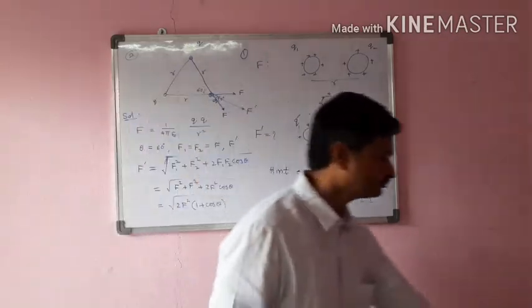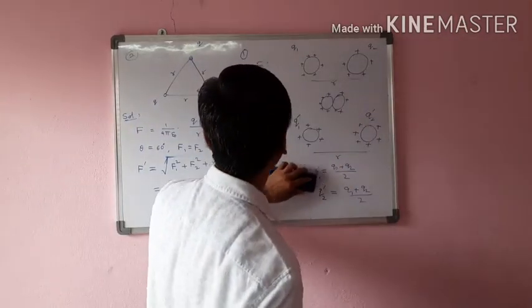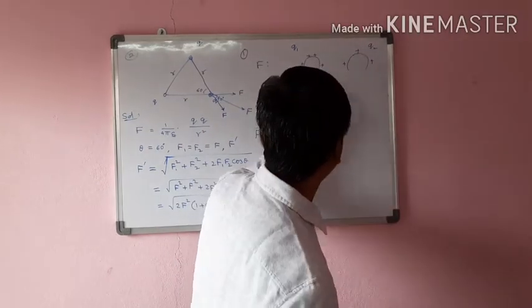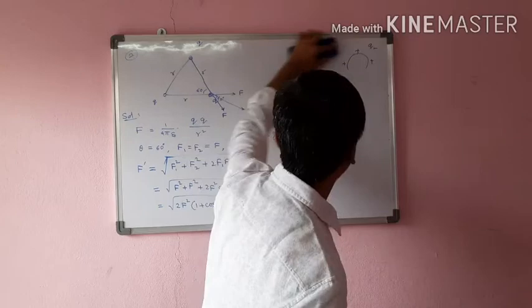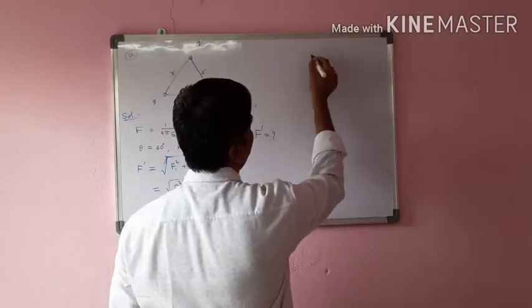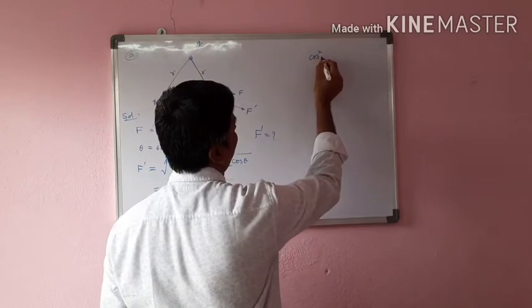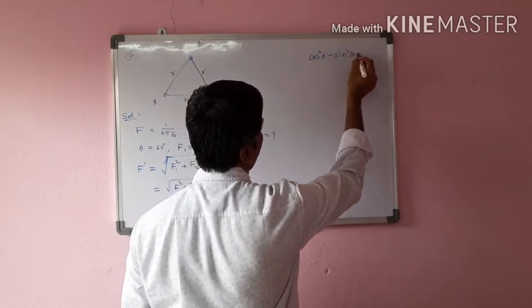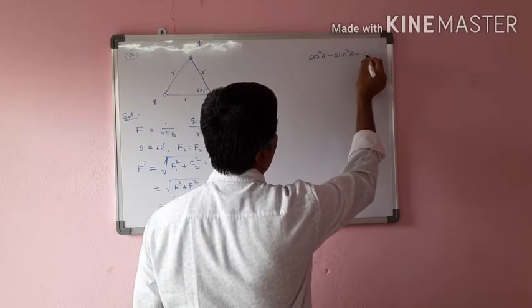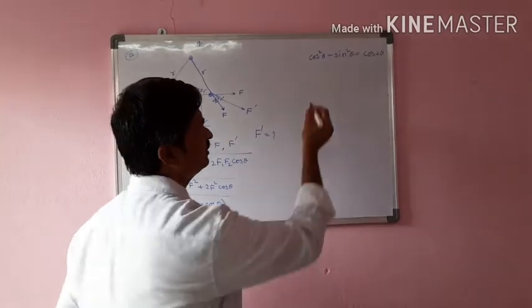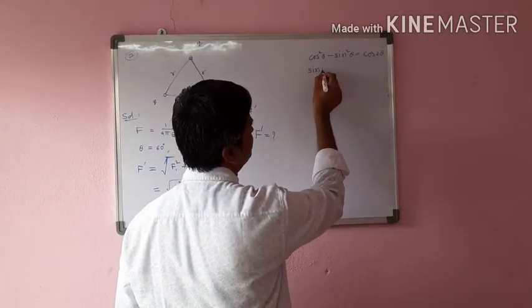See, for half angle, how do we write? We have the formula cos square theta minus sin square theta is equal to cos 2 theta. Let us convert this sin square theta into cos terms.